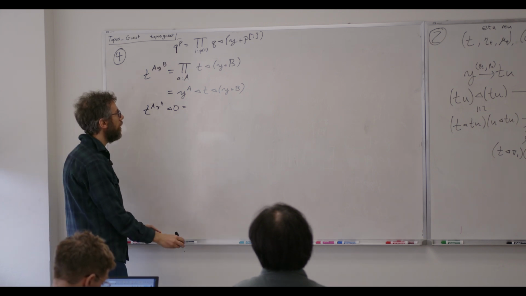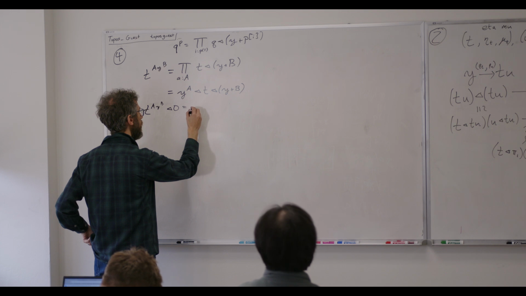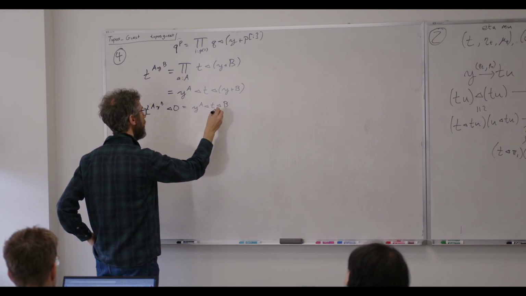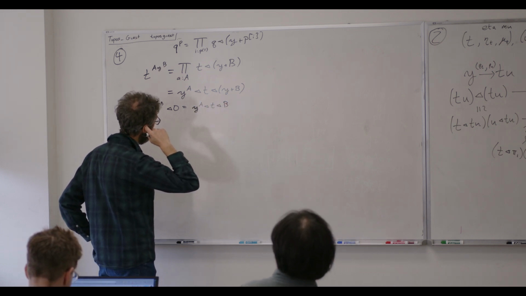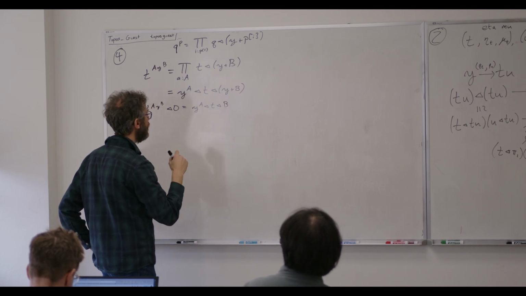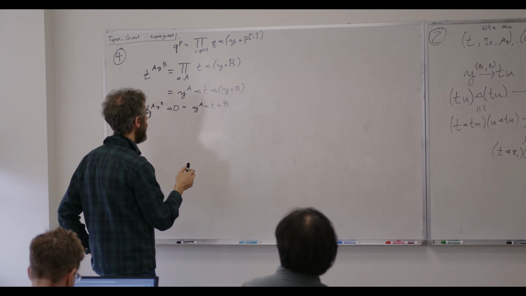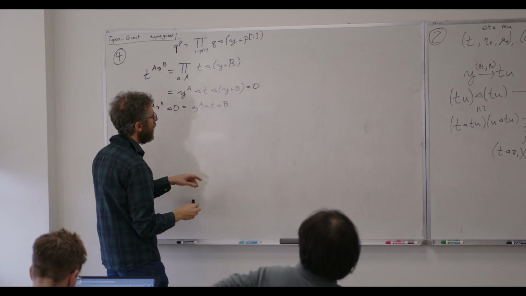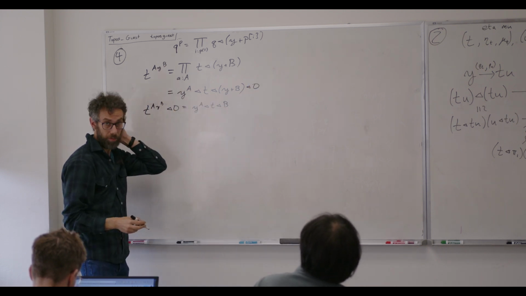Well, it's Y to the A composed T composed B. It's like you plug in 0 for Y here, and you get what I just wrote.